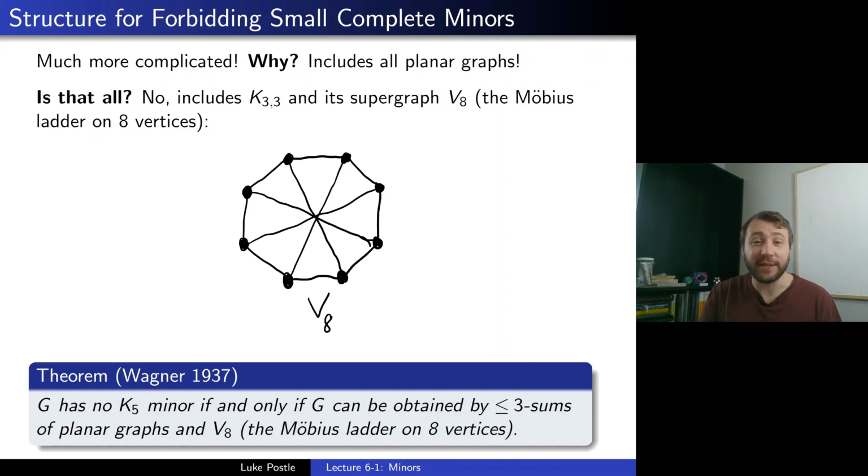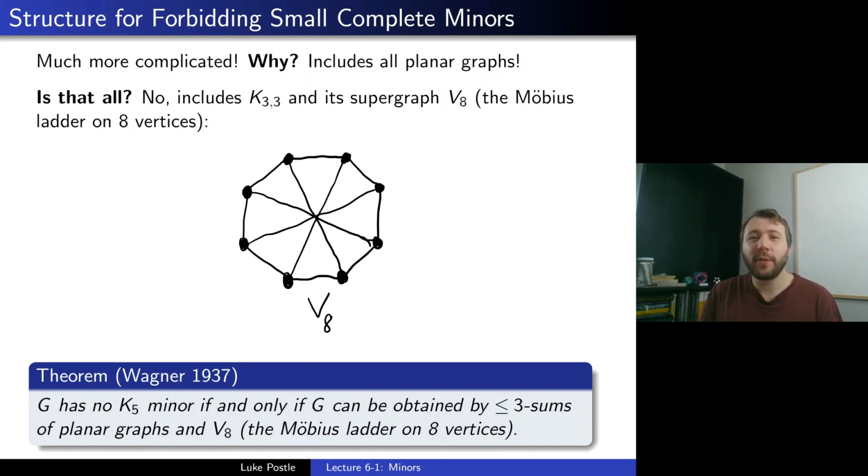This is a very nice characterization that uses Kuratowski as a black box, extending beyond planar. The 3 sums make sense because maybe then you can't really find a K5 minor, but you can't get to the V8s with the 3 sums.